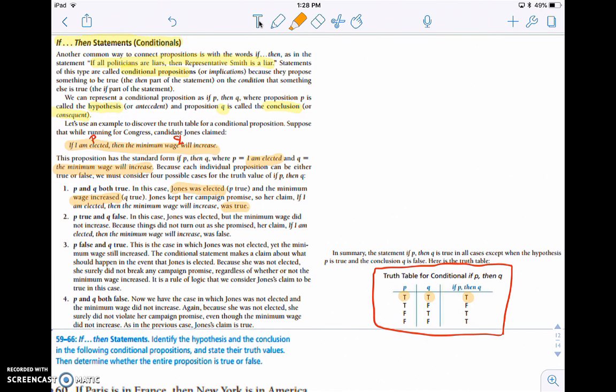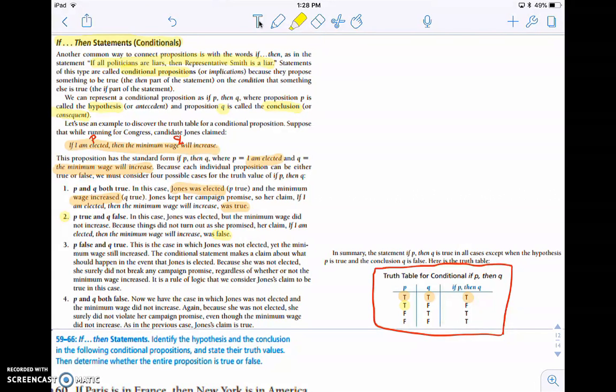The next statement down here, number 2, if P is true, Q is false. In this case, Jones is elected, but minimum wage did not increase. Because things didn't turn out as she promised, then we have a false statement, because the first proposition, she was elected, is true, but she did not follow through on the minimum wage increasing, so this is false.